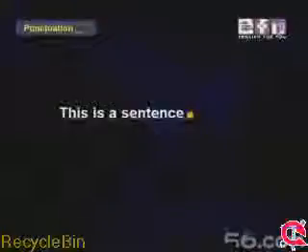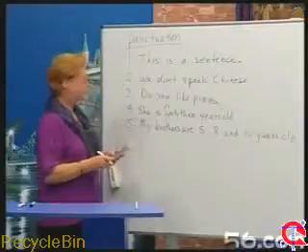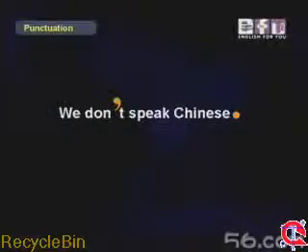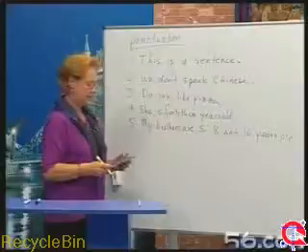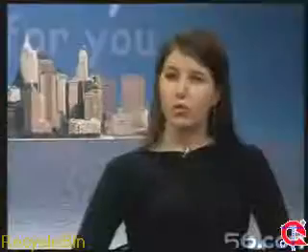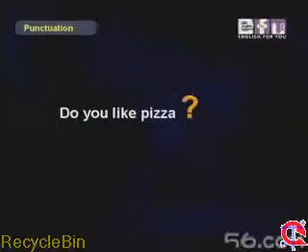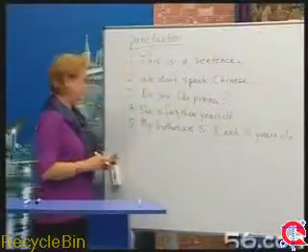This is a sentence. Period. Yes, good. Okay, Ali, number 2. We don't, an apostrophe, speak Chinese, period. Good. All right. 3. Isabel. Do you like pizza? Question mark. Good. Okay, Lisa.